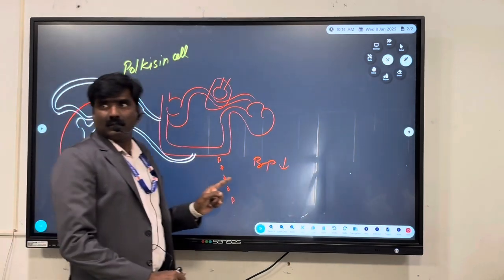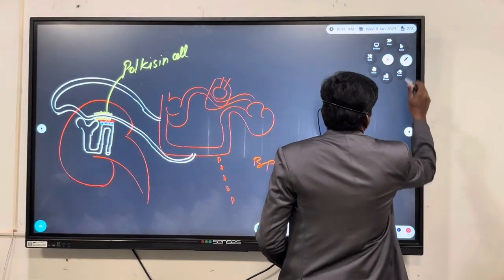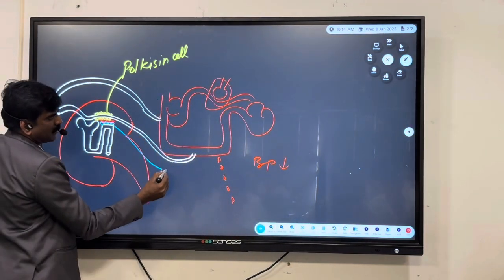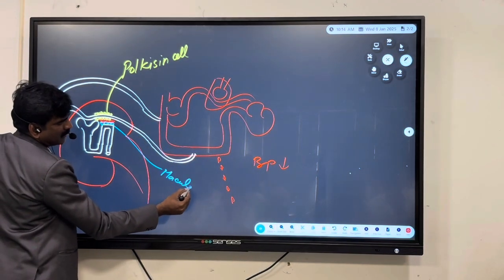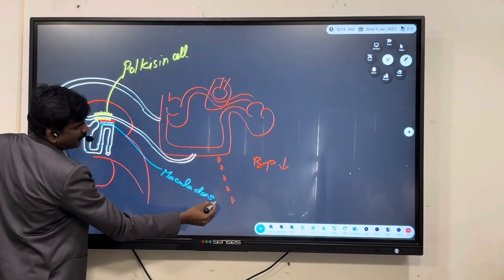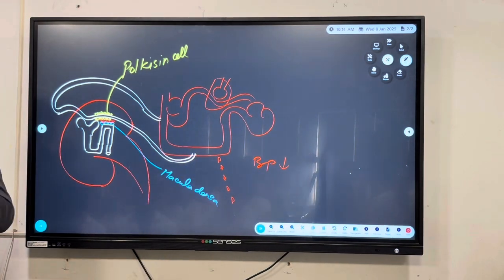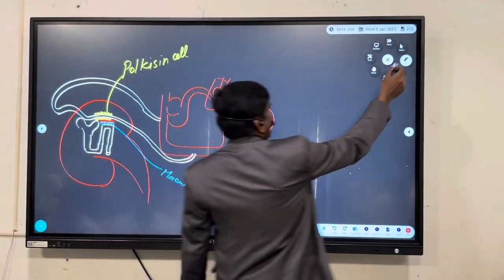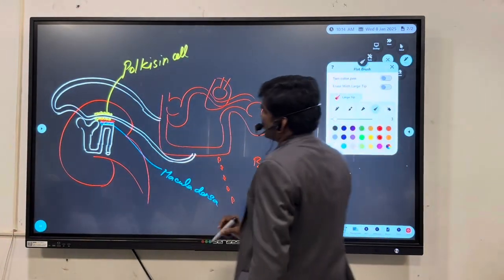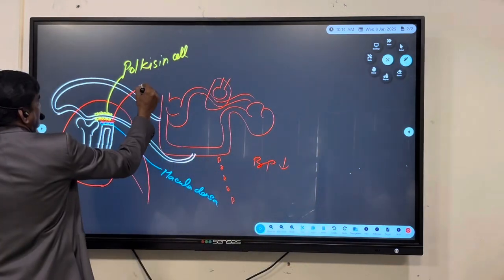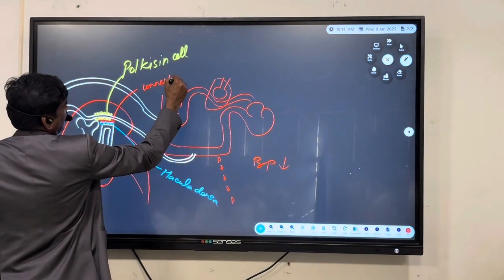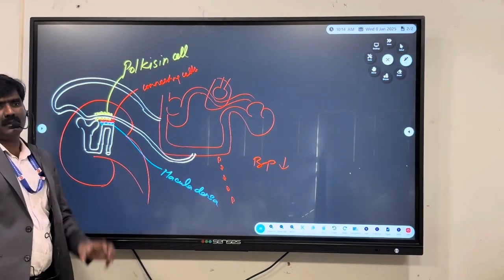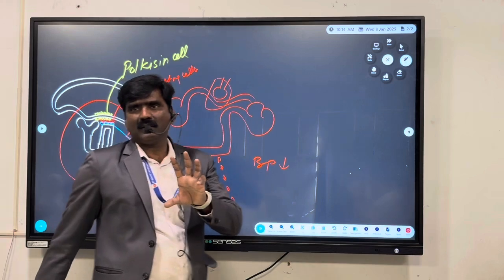The blue color cell is called macula densa. And the red color cells are called Lacis cells or connecting cells. So there are three types of cells, right?